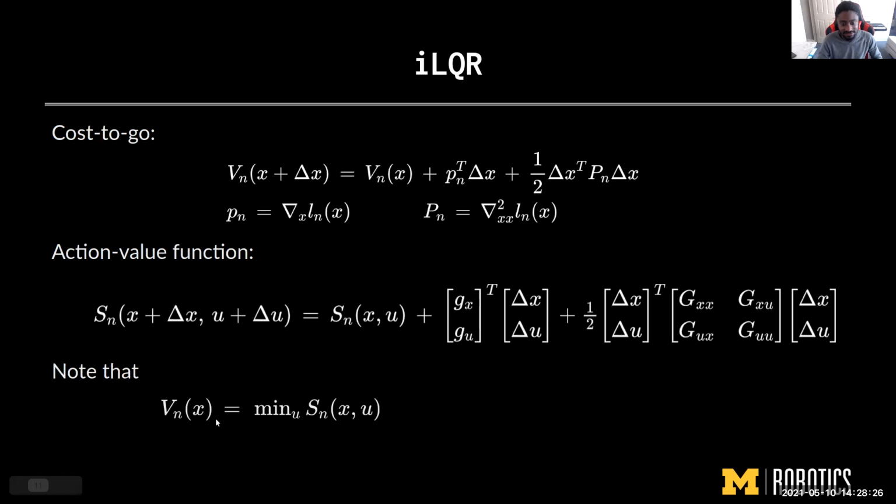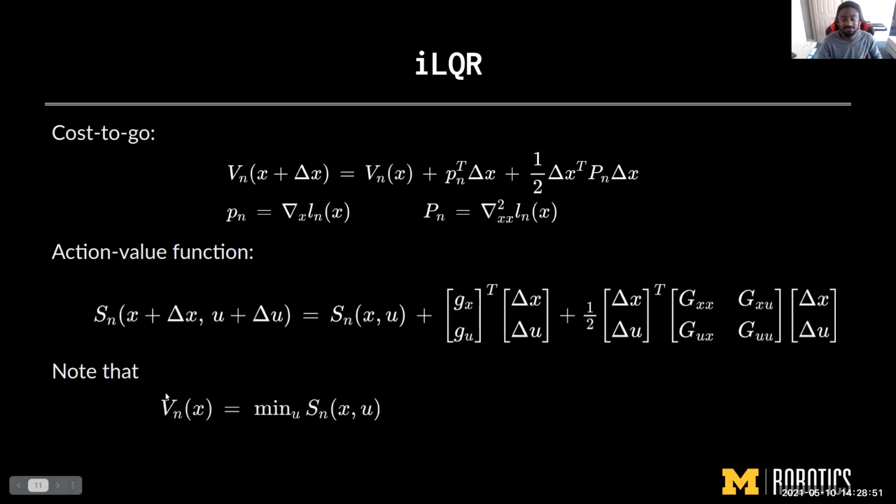Note that this is the relationship between the cost to go and the action value function. The cost to go, or the value function, is equal to the value you get when the action that results in the minimum value is taken at some state x.